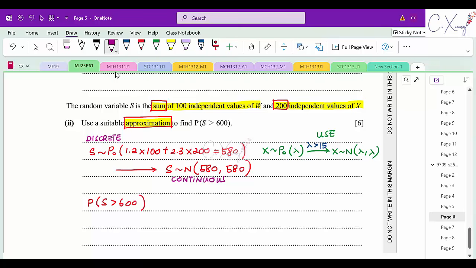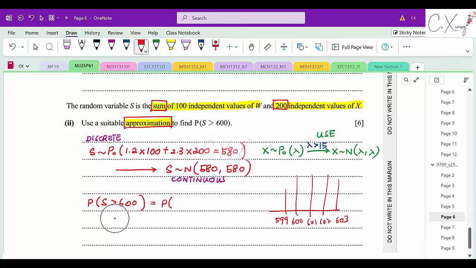When you want to change a discrete random variable to become continuous, you have to do some adjustment to close the gap. So for S greater than 600, before you calculate the probability, you have to apply continuity correction. So how to decide the value for continuity correction? Usually I will write a few values here: 599, 600, 601, 602, and also 603.